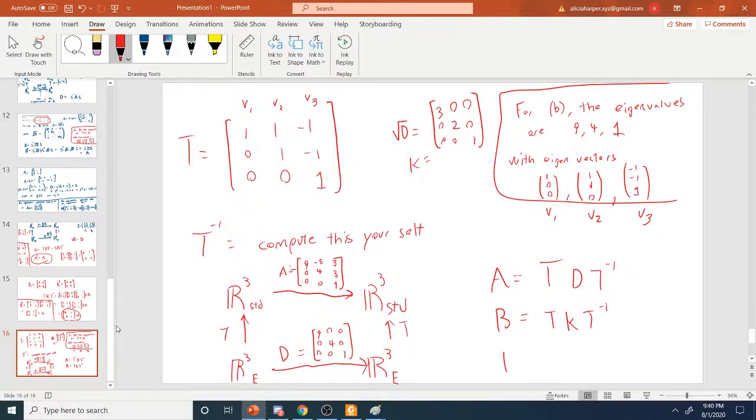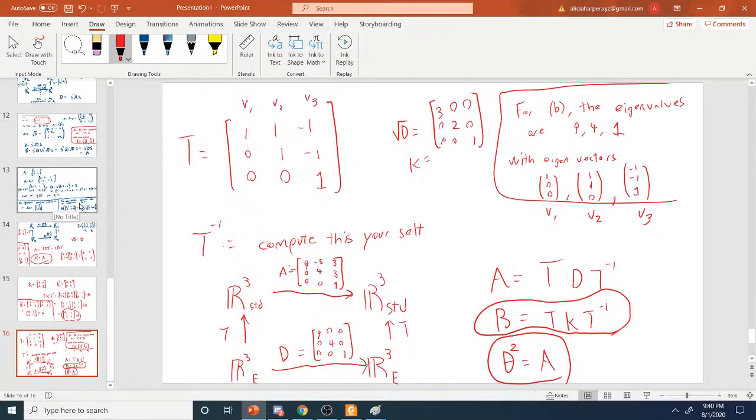And you can easily see that B squared is equal to A. All you have to do is compute T inverse, and then do this matrix calculation. If you do it, it will give you B. And B is going to be a square root of the matrix A.